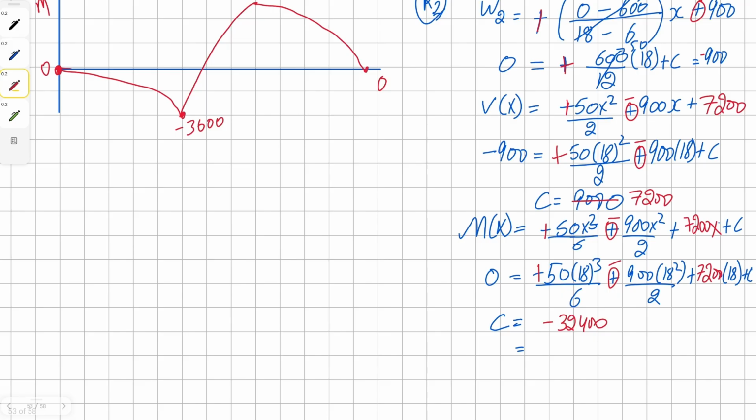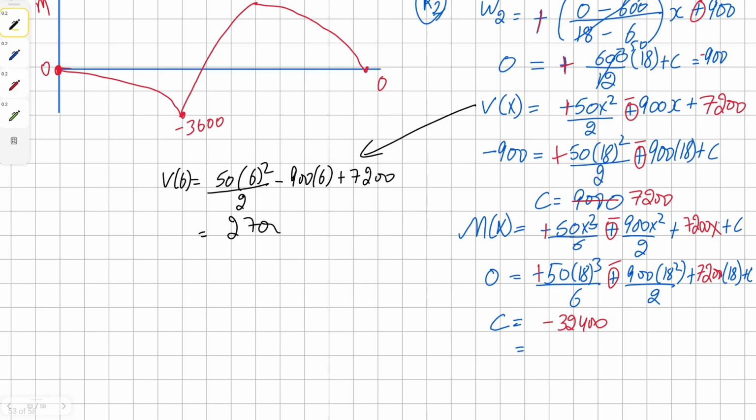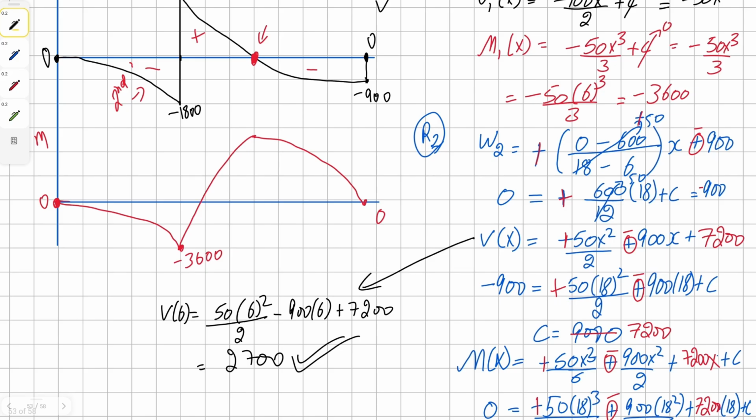Now let's verify if our equation is correct this time. So for shear at 6, you're going to have 50 times 6 squared divided by 2, take away 900 times 6 plus 7200, and solving for the shear we get our solution as 2700, so that's correct. And now let's verify our other equation.